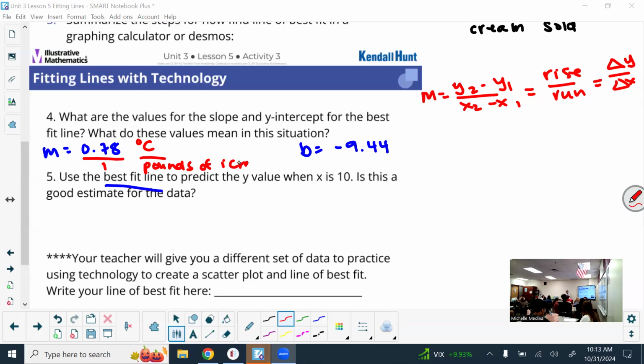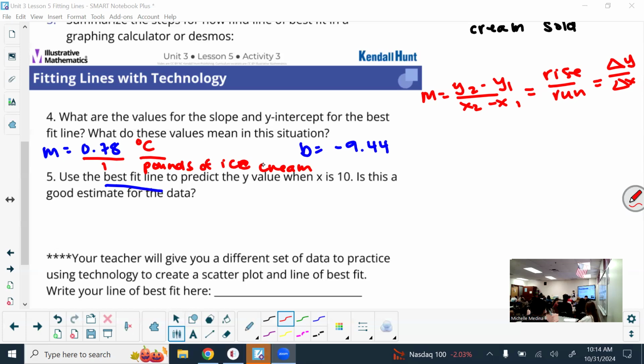So what this means, and yes, slope is rate of change, so it's how something is changing in the situation. The temperature changes by about 0.78 degrees Celsius for every 1 pound of ice cream sold. On average.